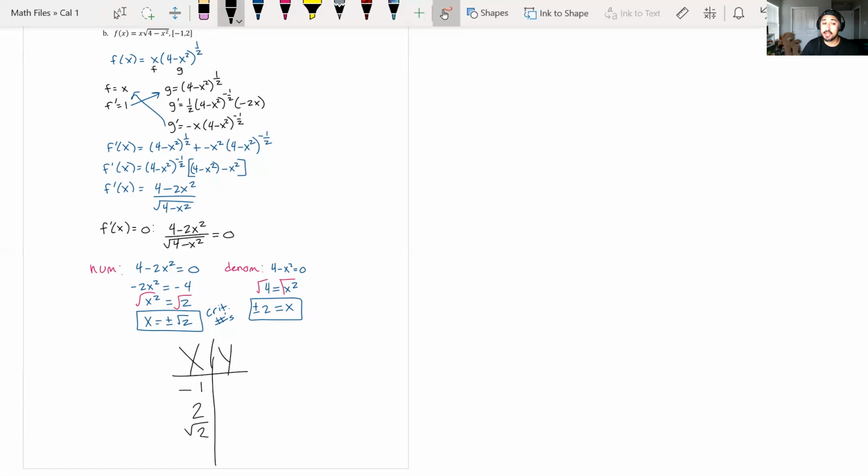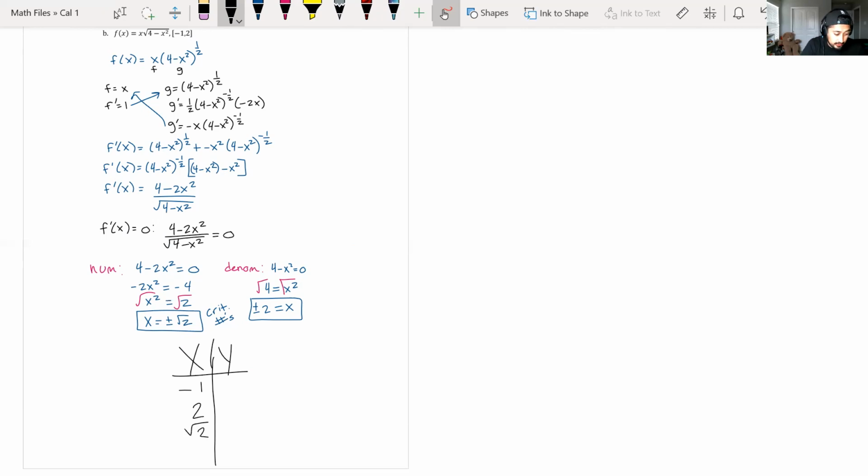Negative square root of 2 is negative 1.4, which is below negative 1. And then 2 fits, because that's an endpoint, but negative 2 does not fit, therefore we don't worry about it. So we only use these 3 numbers, and I plug them into the function above.